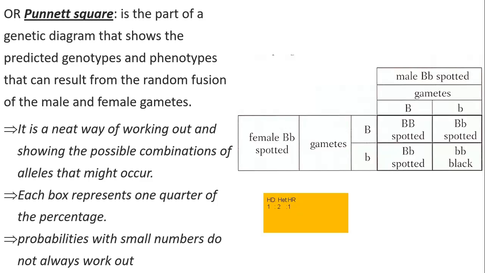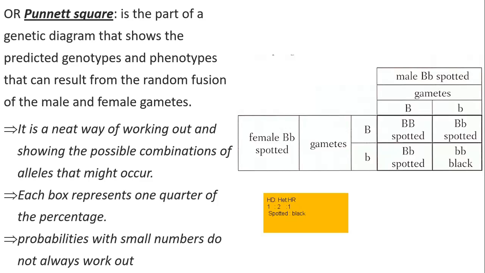Are they the same as the phenotypic ratios? What's phenotype again? It's the observable features or the physical appearance. Here I see the options are spotted to black, as you can see. So what's the ratio of the spotted offspring?